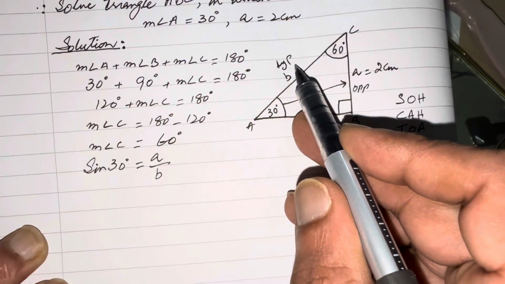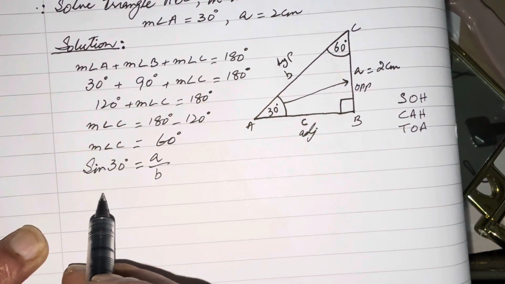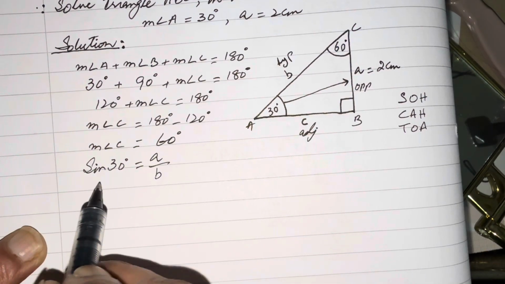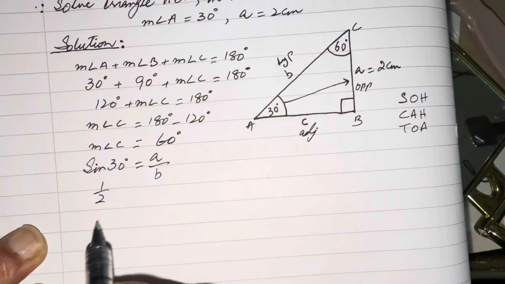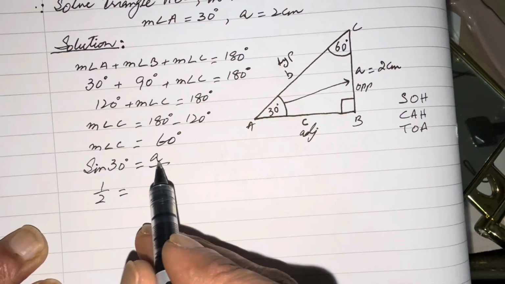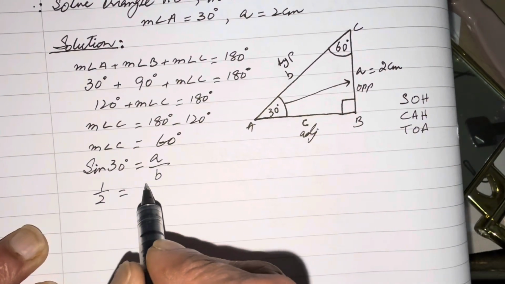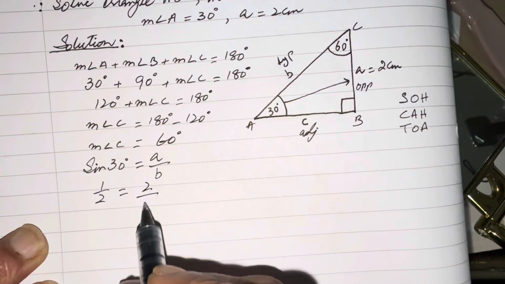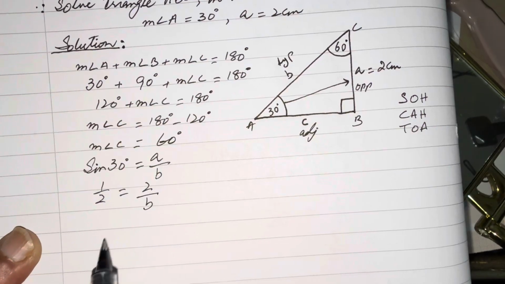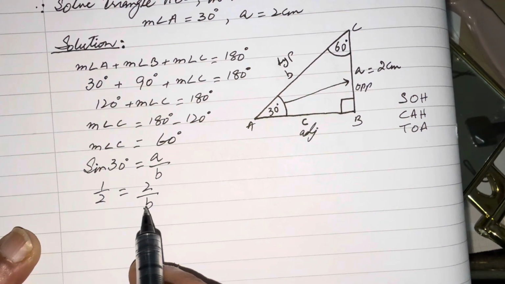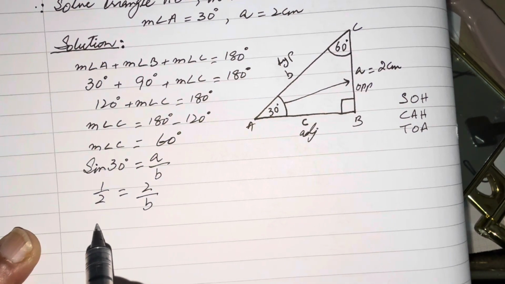b is the hypotenuse. Now by putting in the values, sine 30 degrees will be equal to 1 over 2. The value of a is 2 centimeters, so 2 divided by b. We have to find the value of b. By cross multiplication, take b from this side to the other side.